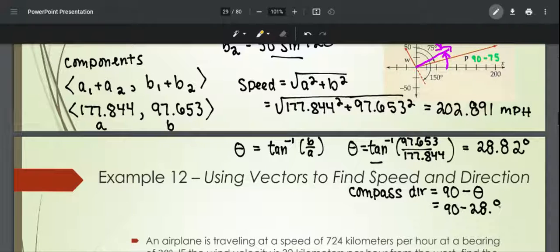So if we do 90 minus 28.82, we get 61.18. So we're 61.18 degrees east of north, rather than saying 28.8 degrees north of east.